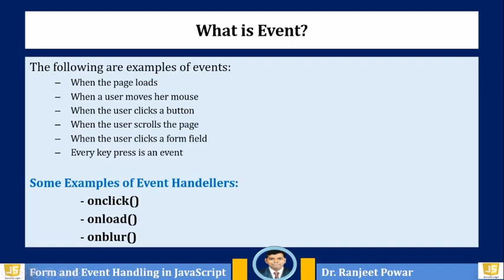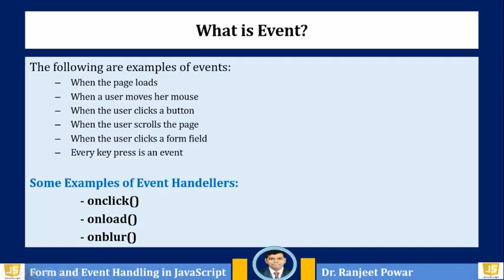In some cases, the browser itself can trigger events, such as the page load and unload events. When an event occurs, you can use a JavaScript event handler to detect it and perform specific tasks.